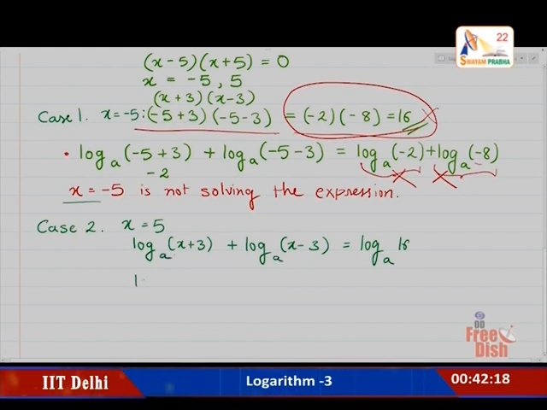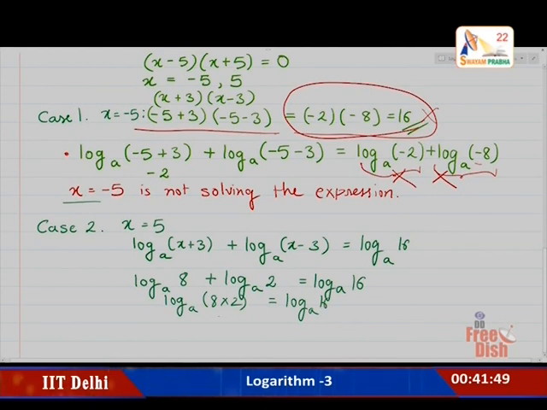So if I put this, then I get log of 5 plus 3, which is 8, plus log of 5 minus 3, which is 2, which is equal to log to the base a of 16, right. So I can again use the multiplication rule, log to the base a of 8 into 2, which is equal to log to the base a of 16, which is nothing but left hand side is log to the base a of 16, which is equal to log to the base a of 16.